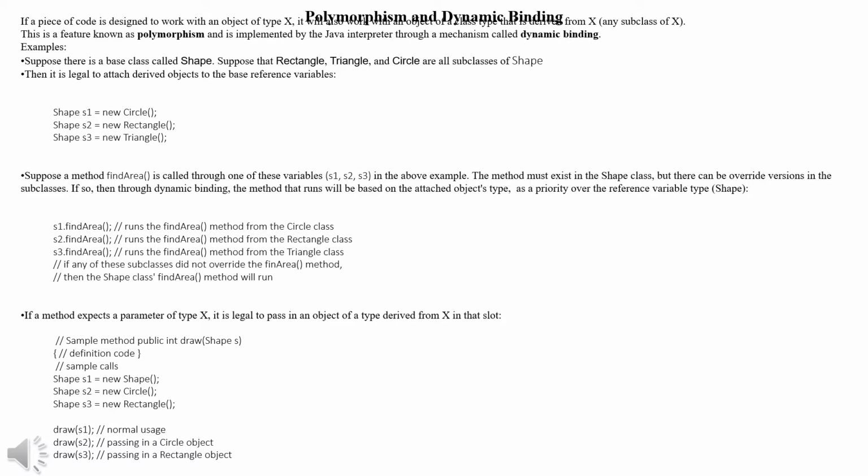So s1.findArea actually runs the findArea method that exists inside the Circle class. s2.findArea will run the findArea method from the Rectangle class. s3.findArea runs the findArea method from the Triangle class.